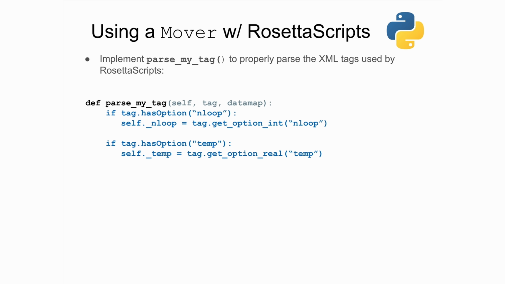So this is what that will look like in Python. If you're doing this in PyRosetta, the same idea applies. You can have different inputs for your parse my tag, and that's going to check if that option is set, and then set that to your variable.